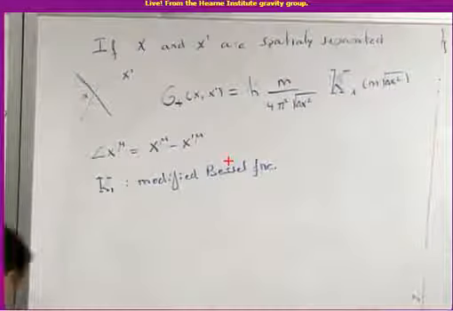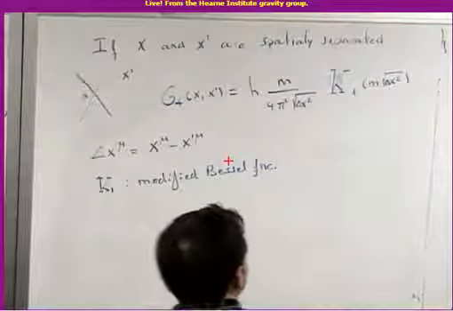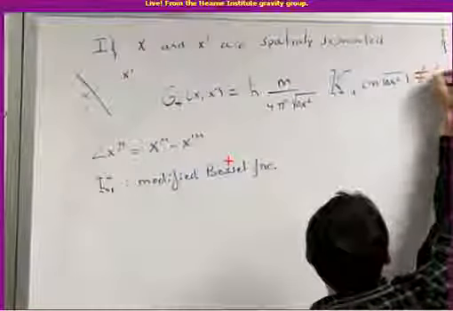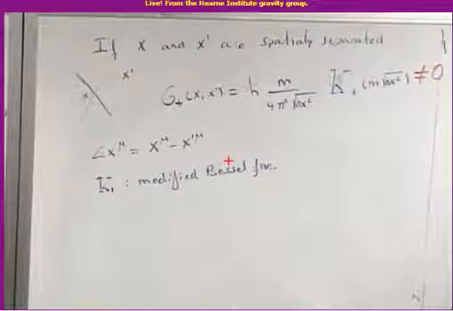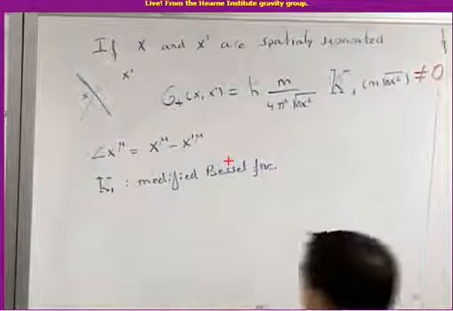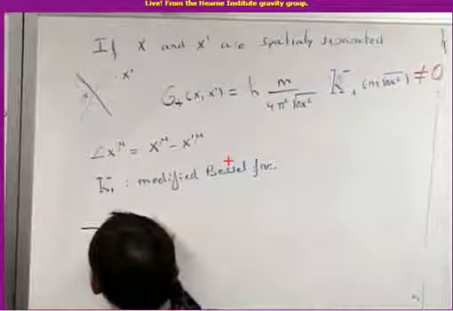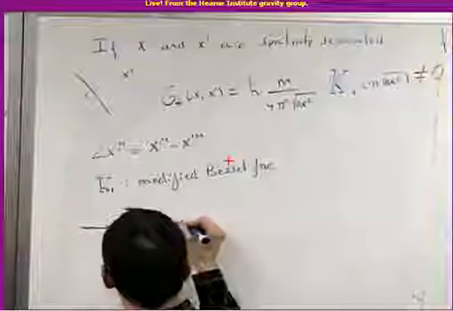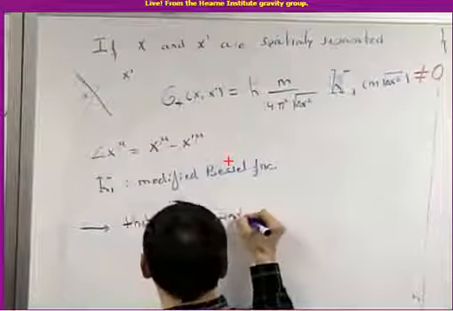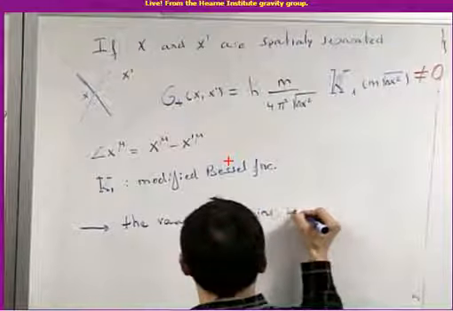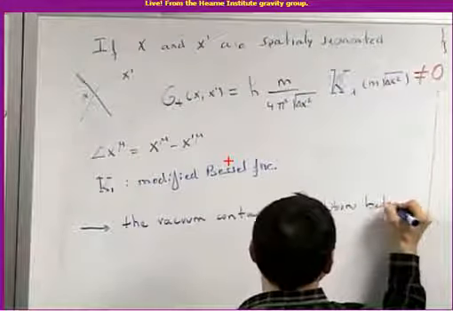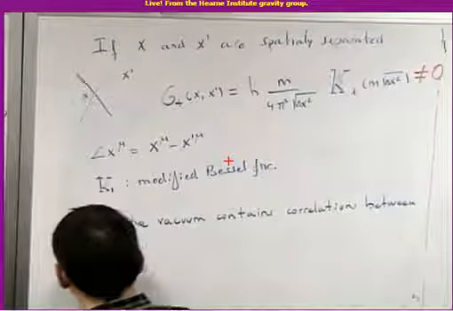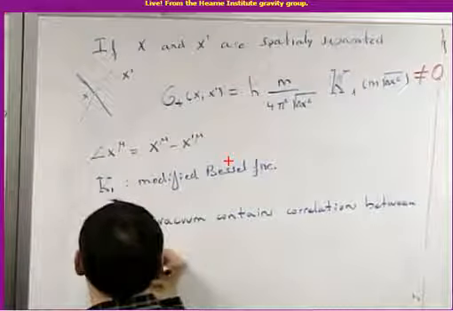And the most interesting part of this equation is that this is different from 0. So the statement here is that the vacuum contains correlations between points spatially separated.